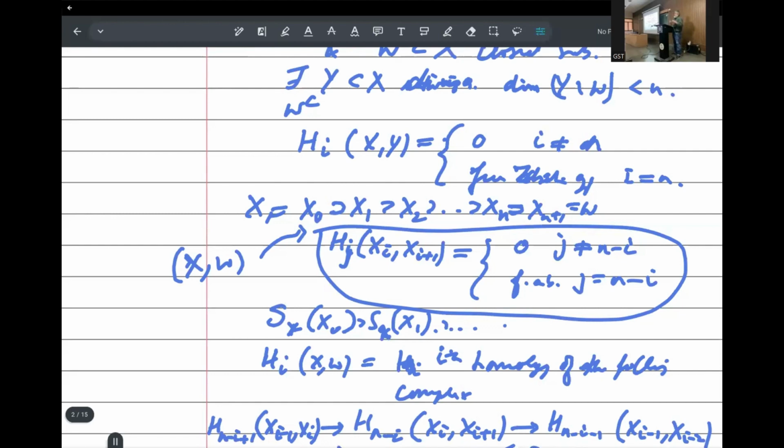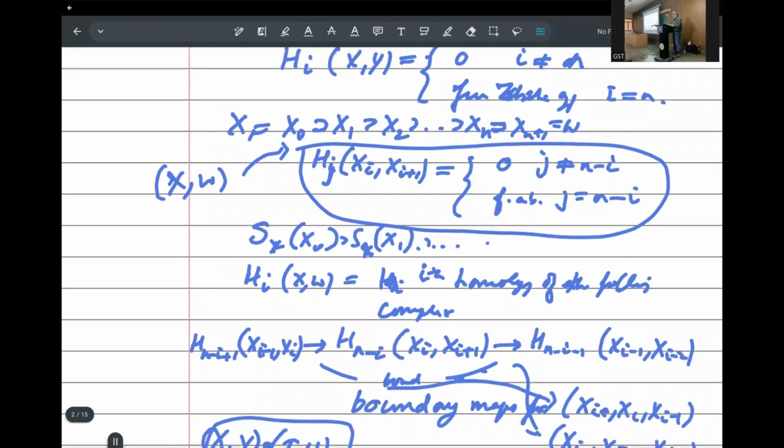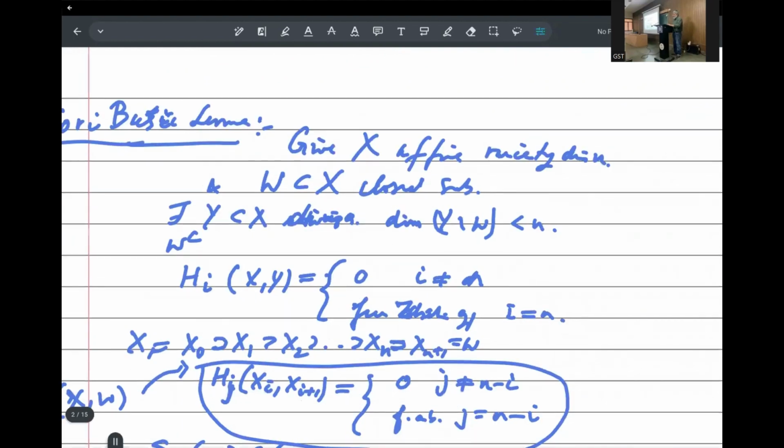So everything is a complex there. The basic idea is very similar here. We are trying to replace everything by something where things are easier to compute. Okay, so where was I? Yeah, so what we want is to understand this basic lemma.